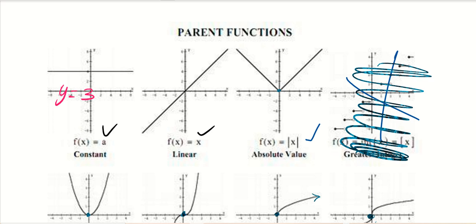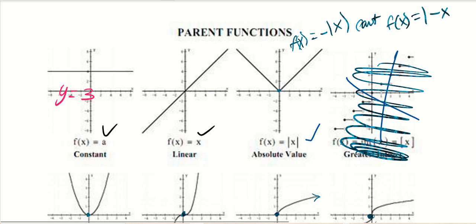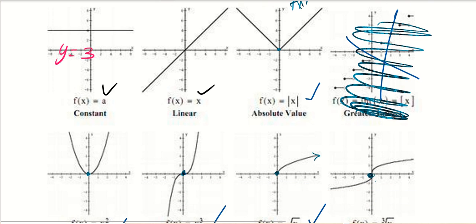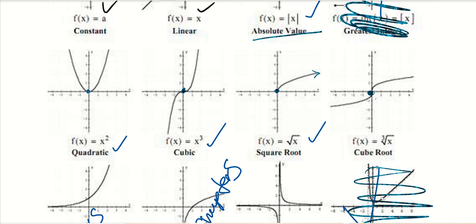So this could only be f of x equals the negative absolute value of x. It cannot be f of x equals the absolute value of negative x. That makes mathematical sense, because when you take the absolute value of x anyway, it becomes positive. So we cannot have a reflection across the y-axis for an absolute value. We also cannot have it for a quadratic, because they are already mirror images across the y-axis.